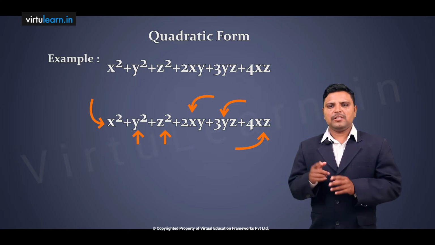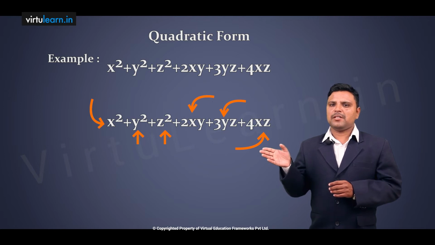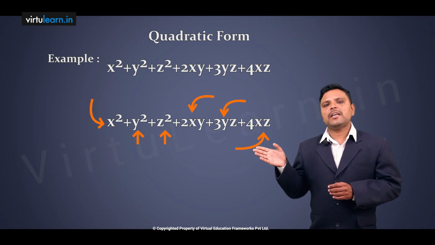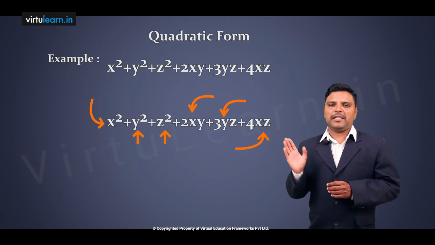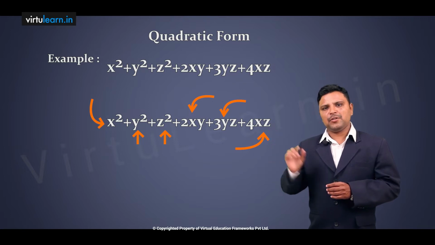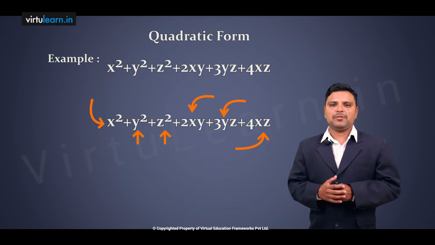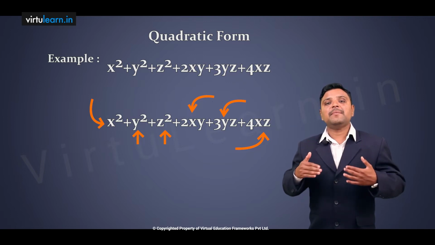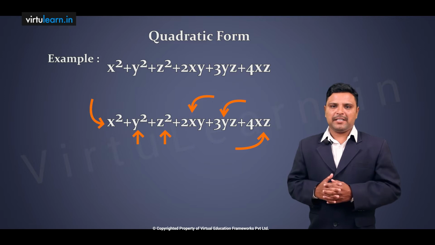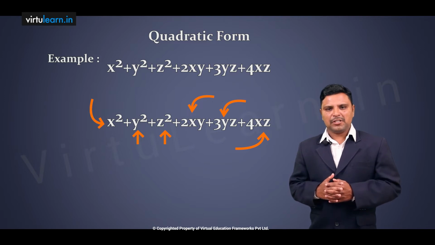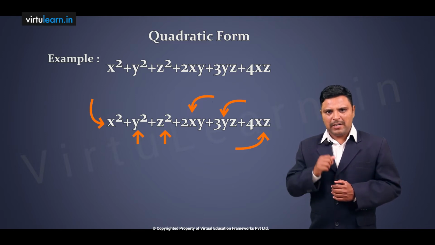Now observe this one. If you are observing this quadratic form, this is a quadratic form in 3 variables, so we get a 3 by 3 real symmetric matrix. Before construction of that one, I will give one technique.